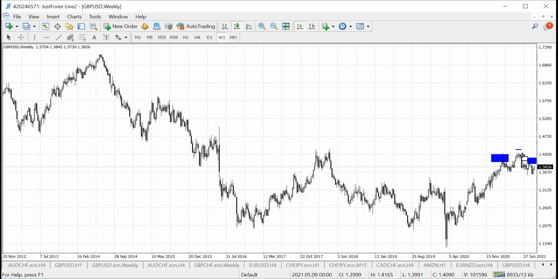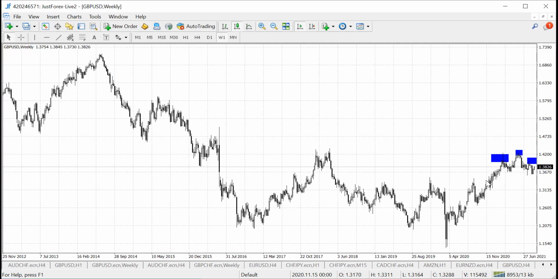This particular pattern is what we term the head and shoulders. When you see a head and shoulders, you just prepare to short the pair.